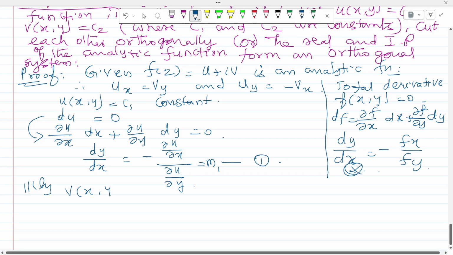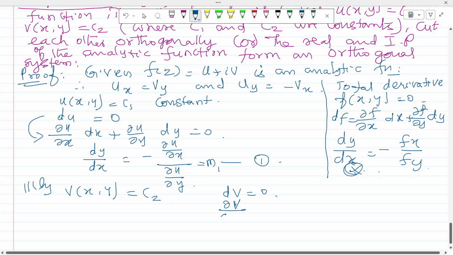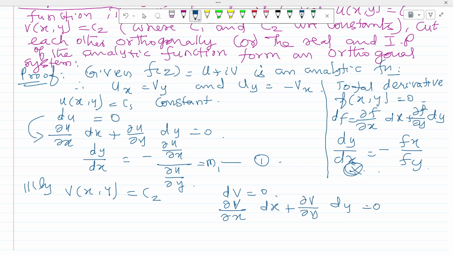Similarly, also given that v of x comma y equal to c2, where c2 is a constant. If you differentiate that, you will get dv equal to 0. So dv equal to 0 can be written as dou v by dou x dx plus dou v by dou y dy equal to 0.